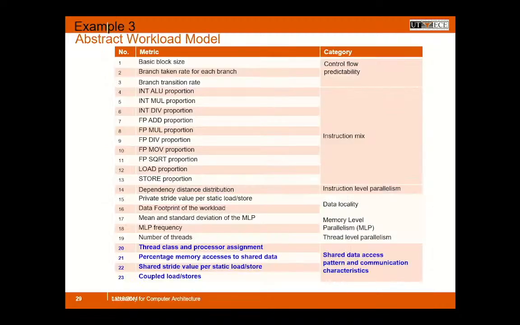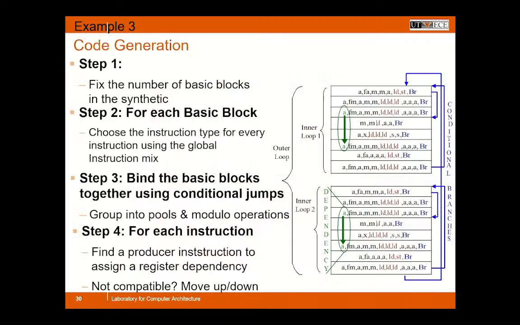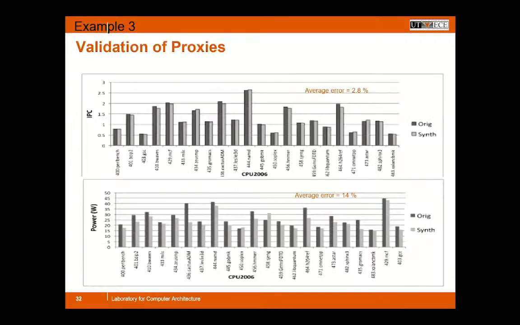The features used are the kind we already talked about: instruction mixes, dependency, locality, data sharing. You use the statistical flow graph elements to create a template, fill it in, and adjust it to get the features that you want. So we were already making proxy benchmarks, which could give 3% error for performance, and for power 15%.